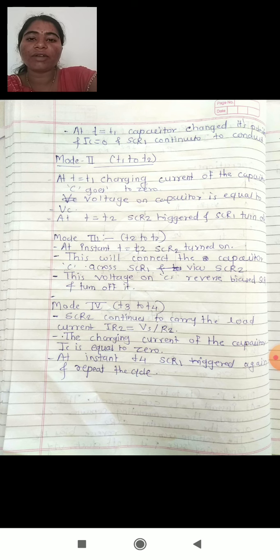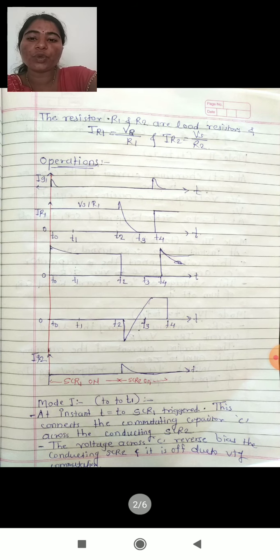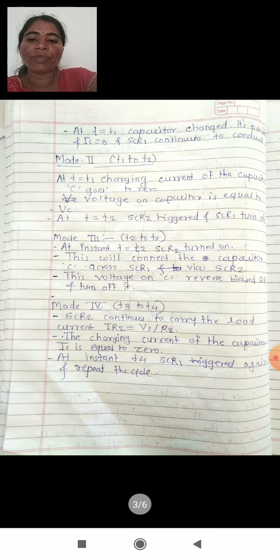At instant T equals T1, the capacitor changes its polarity and the capacitor current goes to 0, and SCR1 continues to conduct. Now mode 2 is from T1 to T2, as seen in the figure.